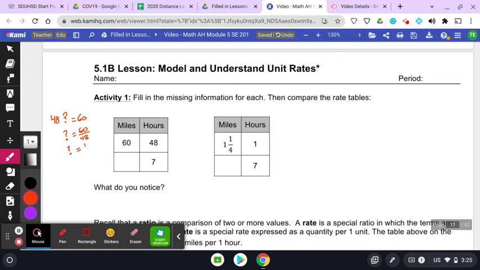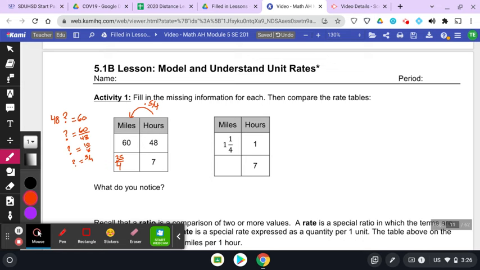So 10/8, or reduce it, 5/4. So we know to get from here to here, we have to multiply by 5/4. So 7 times 5/4 is 35/4.